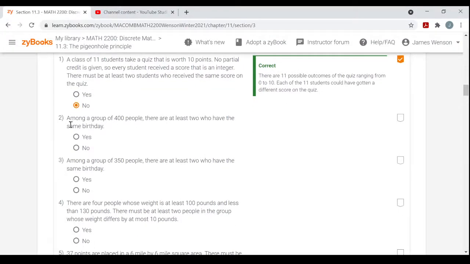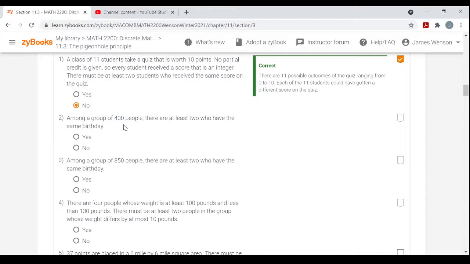How about this one? Among a group of 400 people, there are at least 2 who have the same birthday. Absolutely. Now my domain, say, is the people, and the target is days of the year, and I just associate a person to their birthday, draw a little arrow.